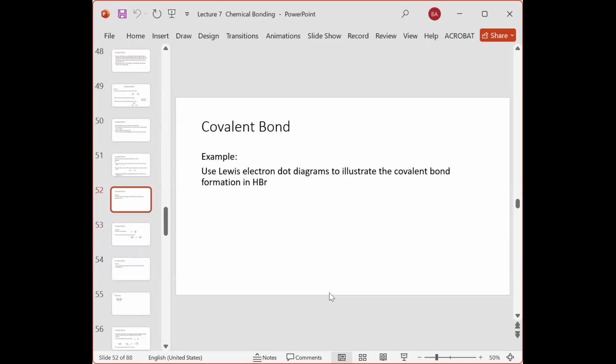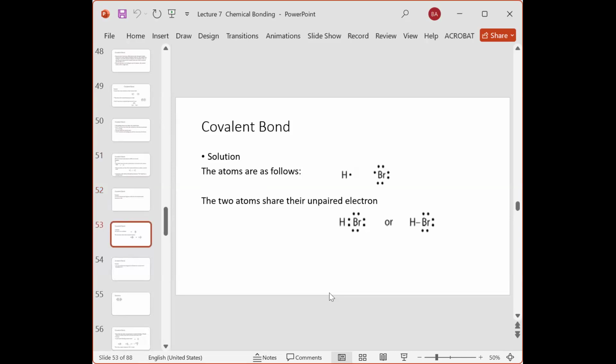Let's go back. Example: use a Lewis electron dot diagram to illustrate the covalent bond formation in hydrogen bromide, or hydrobromic acid. So now we have hydrogen and bromine. Hydrogen has 1 electron, bromine has 7 electrons.